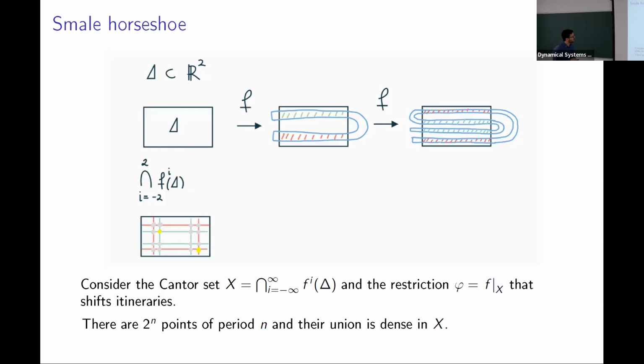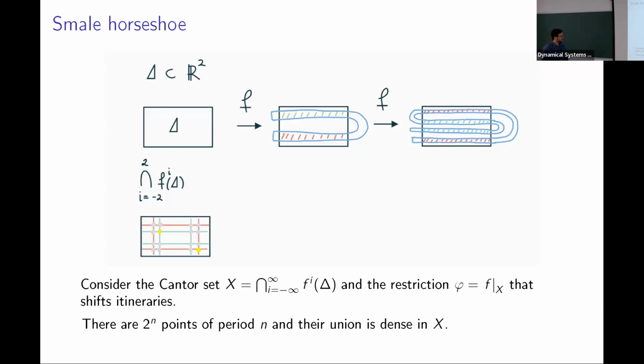Now you can consider the inverse of f, and then you will have a horseshoe which is vertical relative to the picture. Okay, so you rotate it 90 degrees, and you repeat the same process. And now, if you take the two limit sets and intersect them, like this limit set and its inverse, then you end up getting this kind of picture here, okay, transversal intersections.